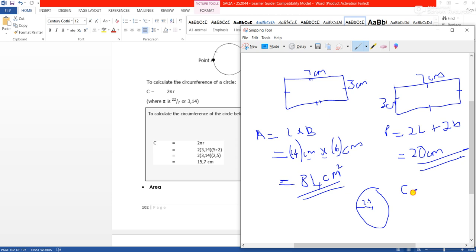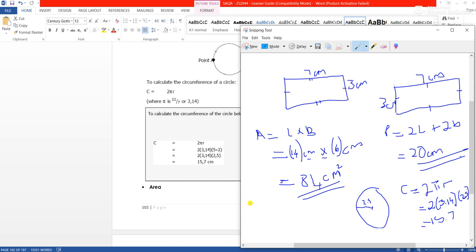The circumference equals 2 pi r, so 2 times 3.14 times the radius, which will be 2.5, and the answer will be 15.7. Because it was given as a diameter, you have to convert that.